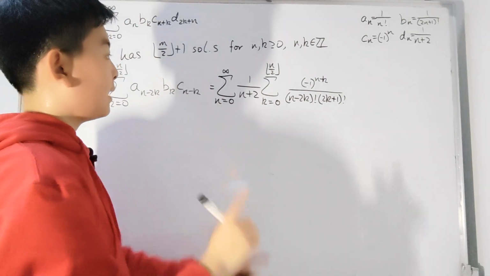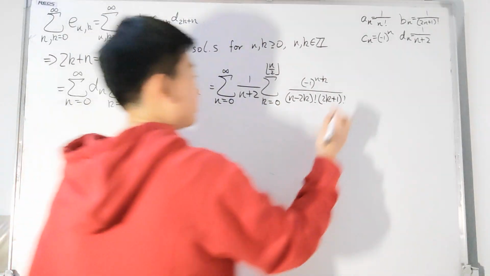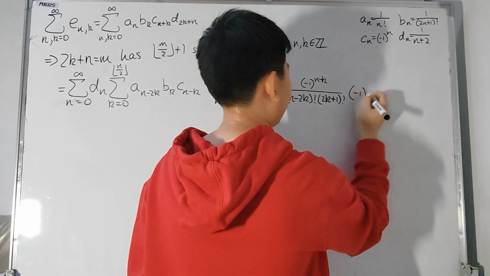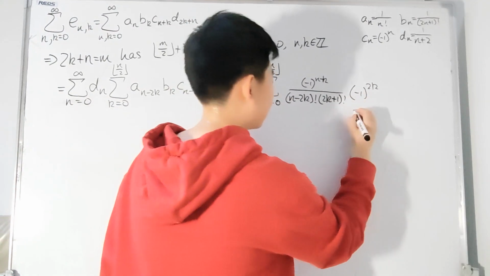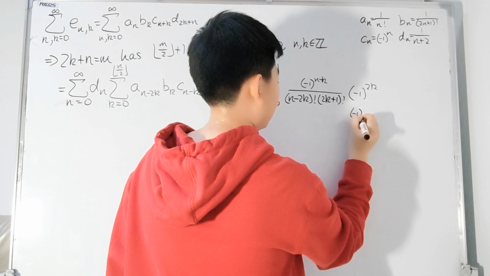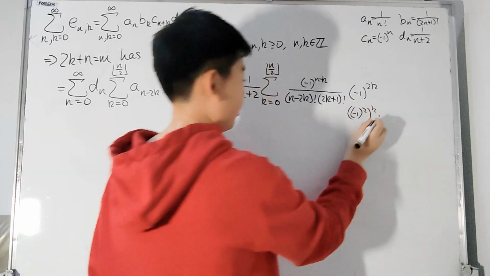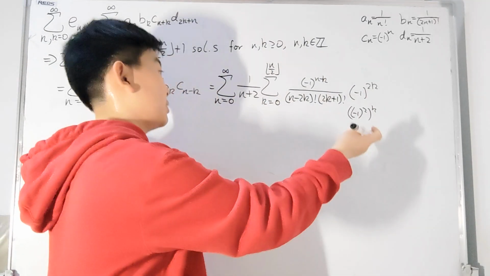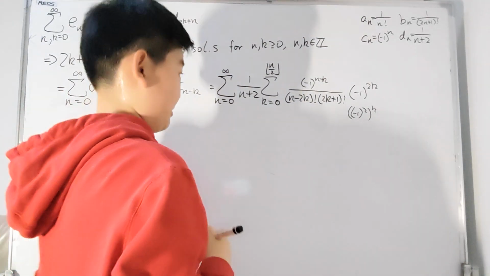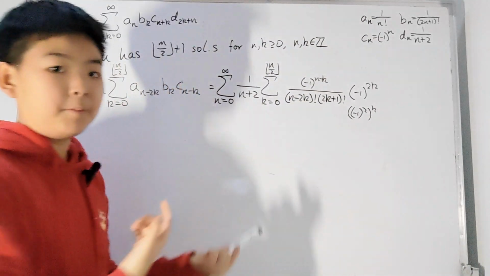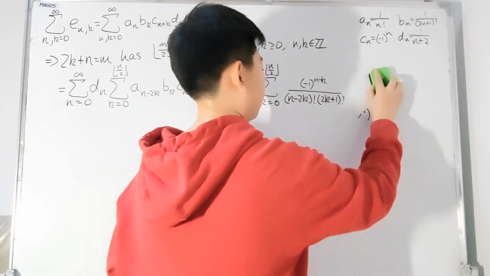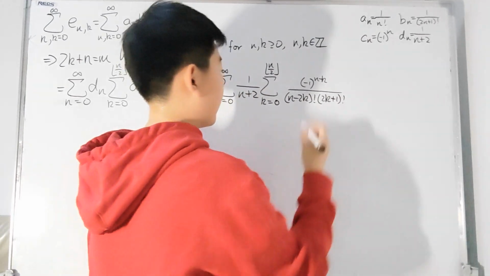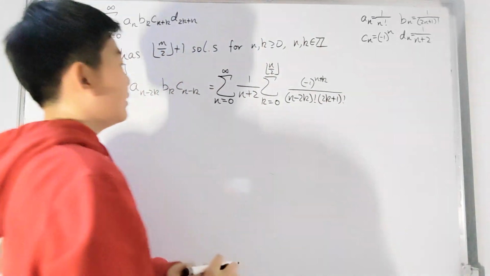Now, what we can actually do is we can just multiply by negative 1 to the 2k here. And the reason why is because you can write this as negative 1 squared to the k, and this part is going to be 1. So that's always going to be 1, so this stays the exact same. But you can also use the property of exponents, and you can turn this negative k to a plus k.